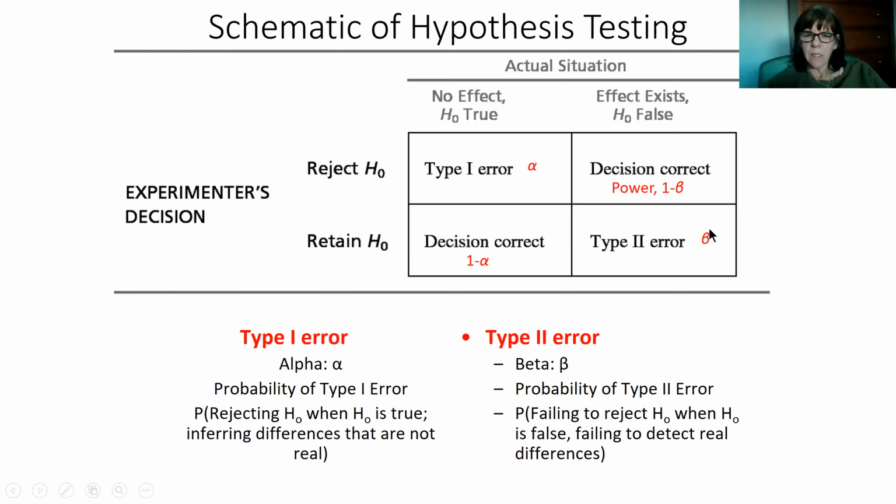If you have, what did I say, a 20% chance of that, your power is 1 minus that rate, which is 0.80. And you want to minimize both of these error rates, and you can calculate this for most of the basic forms of tests, perhaps for all the basic forms of tests, but it's complicated for more complex analyses.